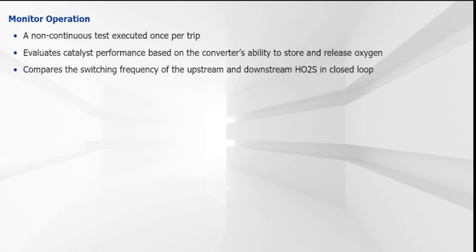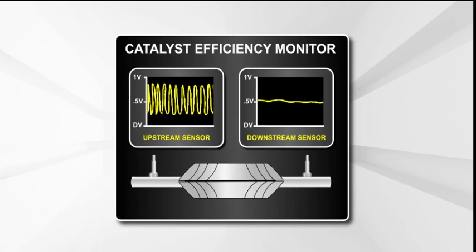On a properly functioning system in closed loop, the upstream O2 sensor will switch rapidly above and below 0.450 volts. If the catalyst is at least 95% efficient at converting the exhaust gases, the voltage from the downstream O2 sensor will remain effectively flat by comparison. This is due to the stability of the oxygen levels in the post-converter exhaust gases.